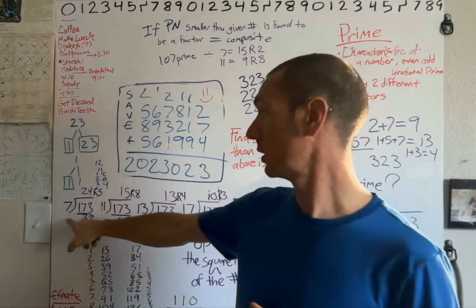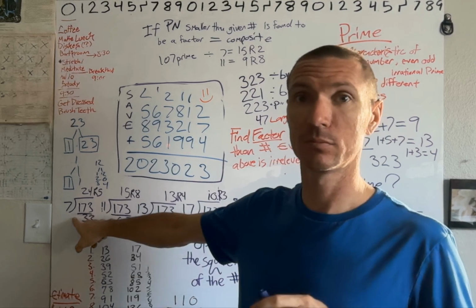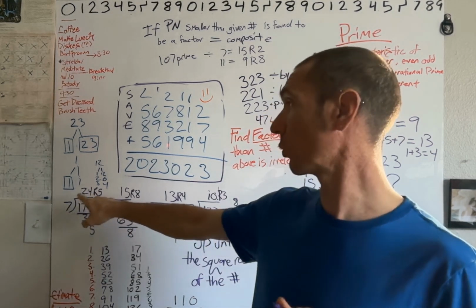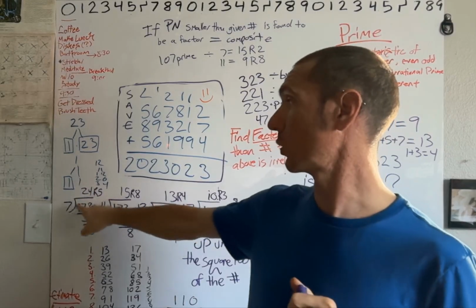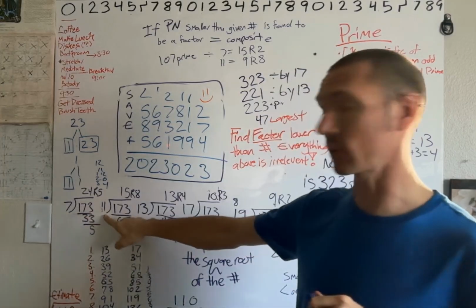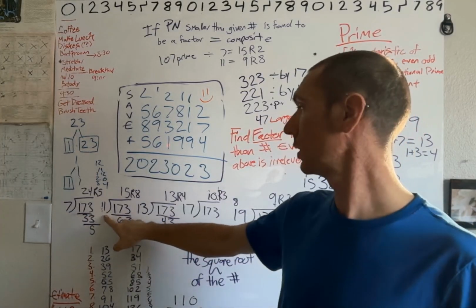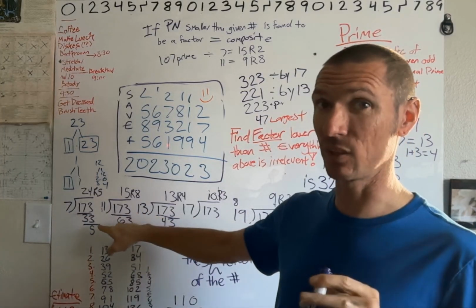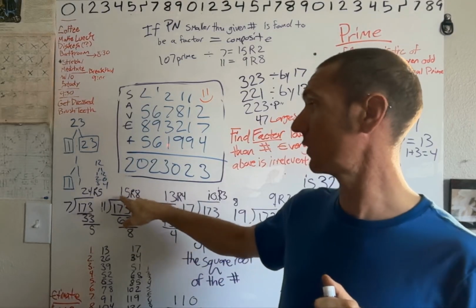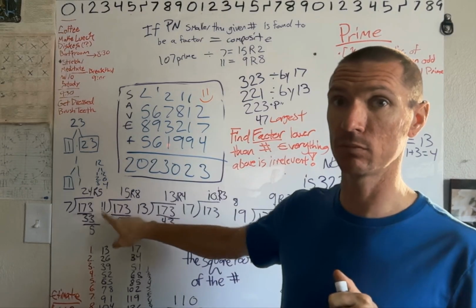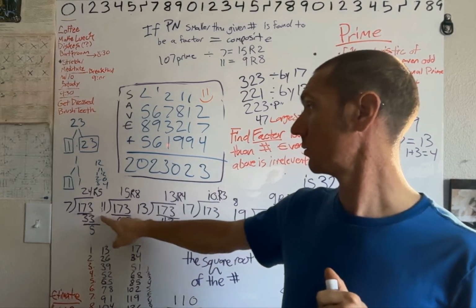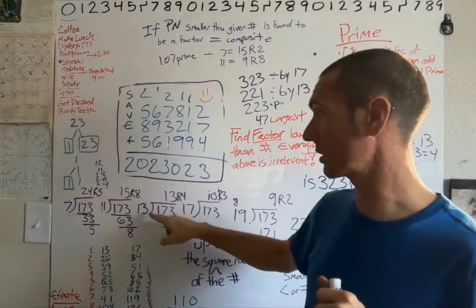Like 173 divided by 7: the quotient is 24, remainder 5. 24 is larger than 7. So we move on to the next one, 11. 173 divided by 11, the next prime number up, is 15, remainder 8, and 15 is larger than 11. The quotient is larger than the divisor. And so you go up to the next one.